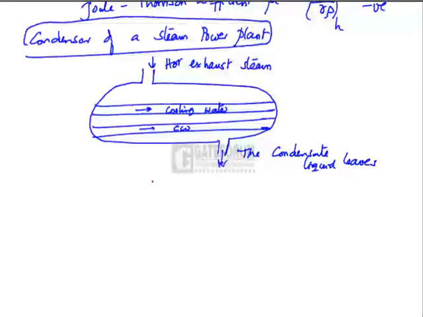The hot exhaust steam coming from the turbine is rejecting or transferring heat to the cooling water circulating through the bank of tubes. Thereby the steam condenses into saturated liquid.